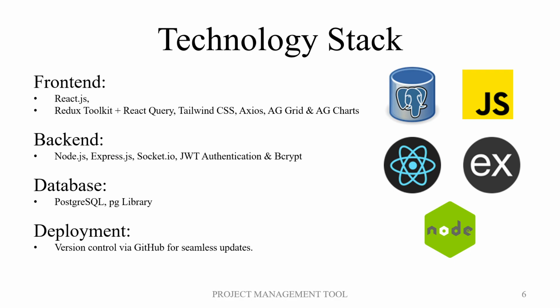In the backend, I have used Node.js, Express.js, and Socket.io for real-time updates to implement WebSocket, and JWT authentication and Bcrypt for hashing and authentication, and role-based access management. The database that I have used is PostgreSQL, and the library for it is the PG library. Deployment is on GitHub using version control.